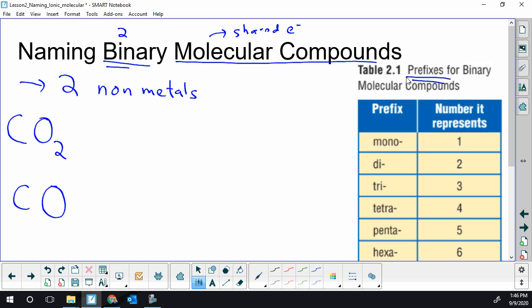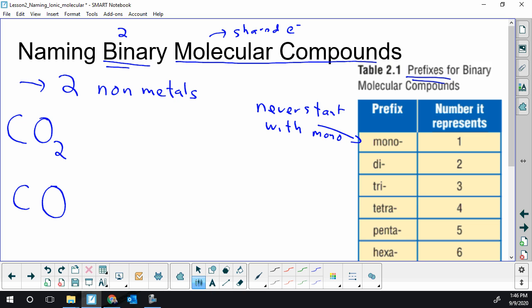So I'm going to start naming. The only other twist we're going to see is we never start with mono. So if we only have one of the very first atom, we leave the mono out.